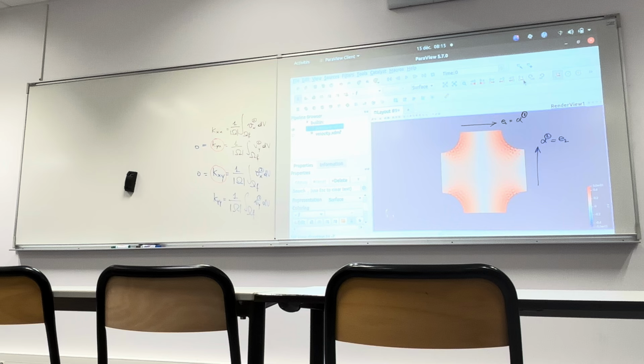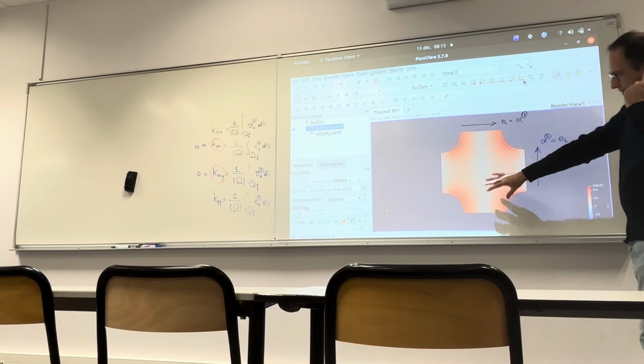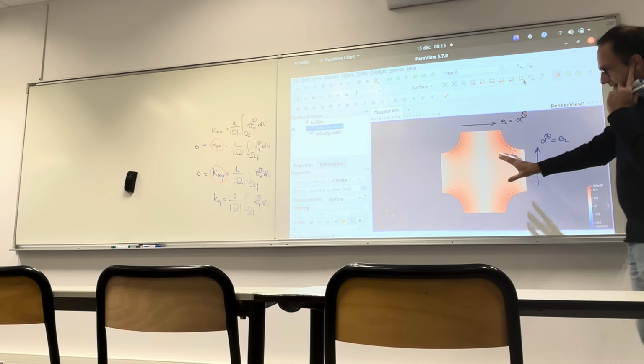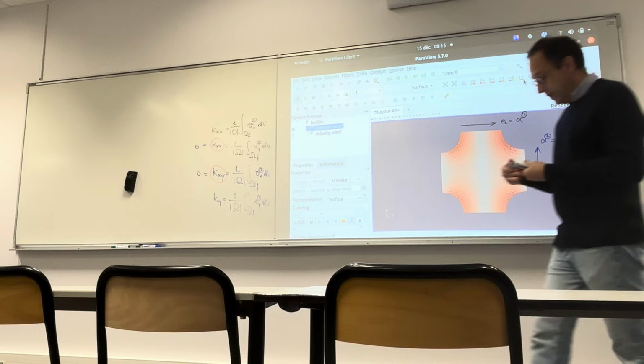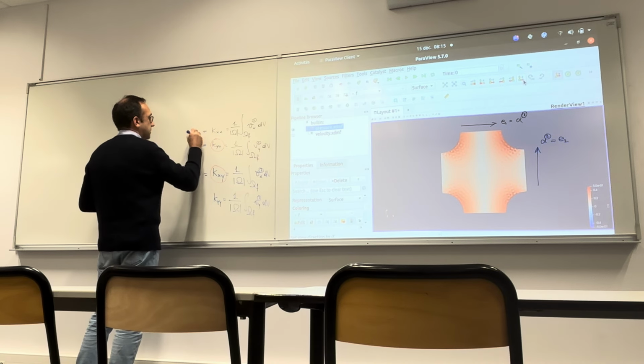are different from 0 and also different one from the other. No, sorry, in this case they are equal. In this case they are equal because the two profiles are exactly the same. So in this case, this is equal to ky.